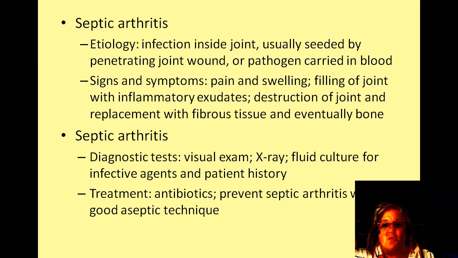He'll maybe order a fluid culture. So if that's the case, he might drain wherever the joint is and then culture it up. When we talked about cultures, I believe it was chapter 3. And then they're going to give you antibiotics, and when you clear the infection, the arthritis might calm down, go away.